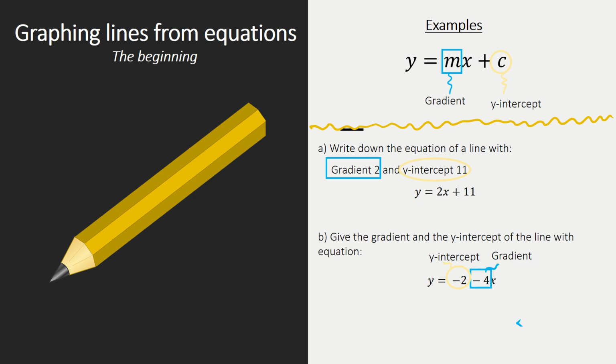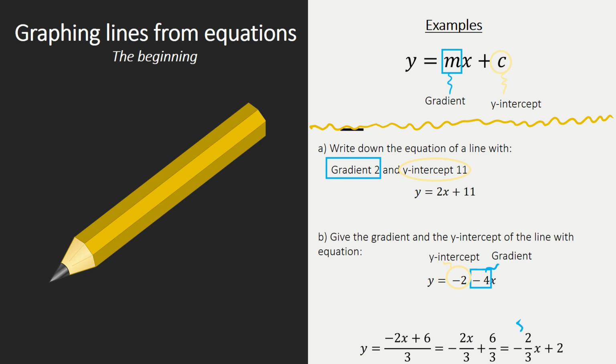Well, let's have a look at a different example. Give the gradient and the y-intercept of the line with equation y equals minus 2x plus 6, divided by 3. Please remember that you can write it down as follows. So minus 2x divided by 3 plus 6 divided by 3. We just split our fraction into two parts.